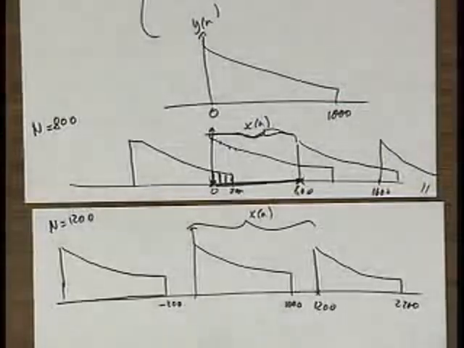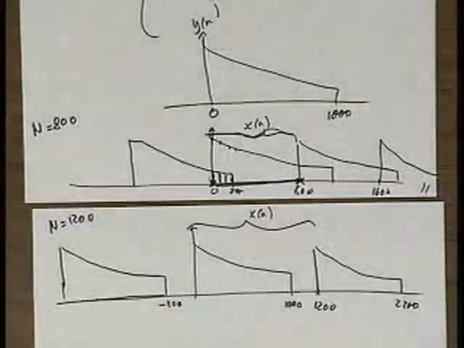So what's the moral of this story? The one thing you want to walk away with, the takeaway, is that if we sample y of omega at a sampling rate that's larger than the number of non-zero samples of y, we should be able to get it back.